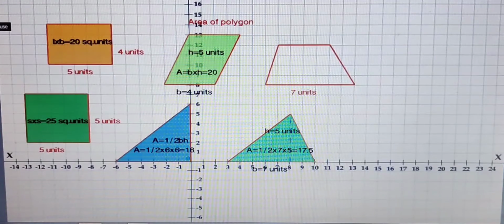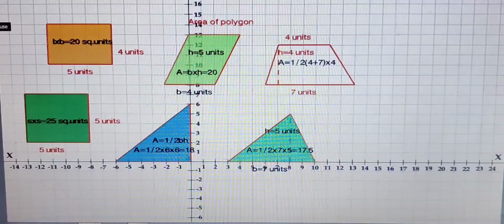It means the baseline is 7 units, upper is 4 units, and the distance between parallel lines is 4. Now put in the formula. Area equals 1 by 2, sum of parallel sides 7 plus 4, 11, and height is 4 units. It is 22 square units.